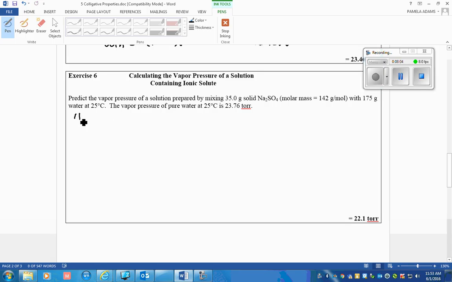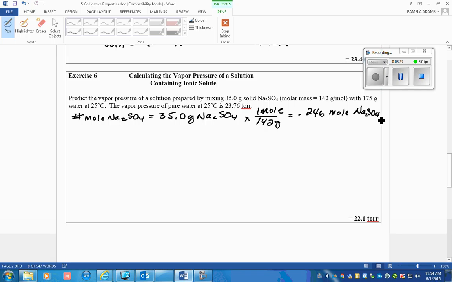We would like to know the number of moles of sodium sulfate equal to the mass that is put into solution. They give us the molar mass, and we find that we have 0.246 moles of sodium sulfate.